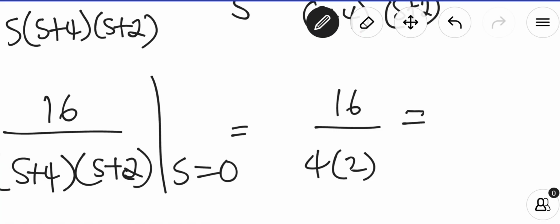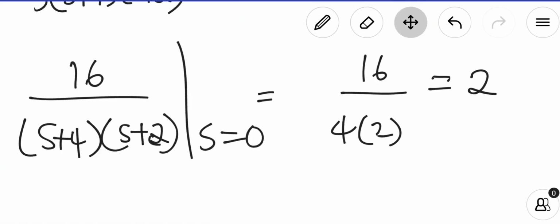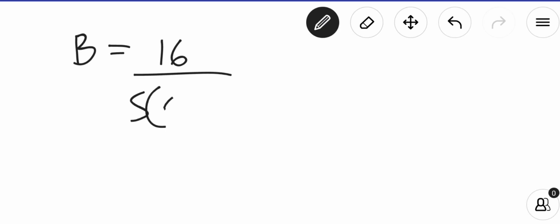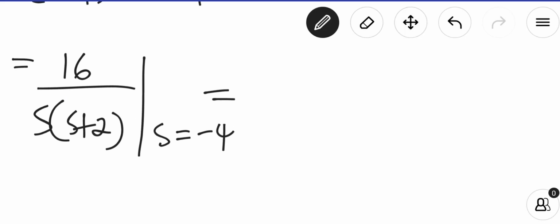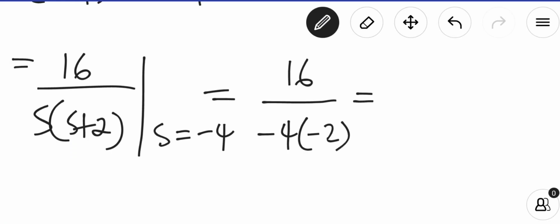This is equal to 2. For the next, which is B, this is 16 over s times s plus 2, where s is equal to minus 4. For B, this will be 16 divided by minus 4 times minus 2, which is equal to 2.